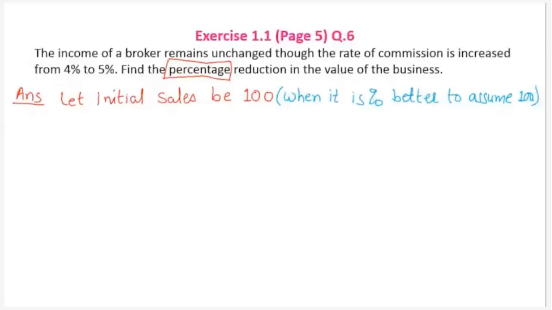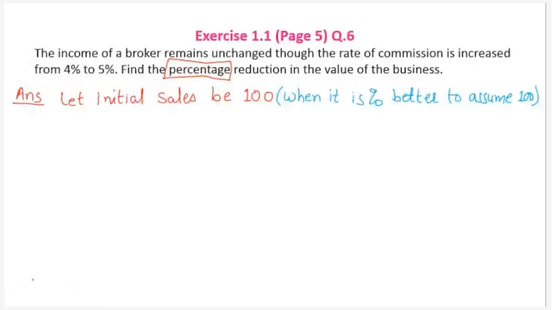In the exam, you will not write this. Can I do it without 100? Without assuming 100? Answer is yes. I can assume 500, 300, or 200, and still I'll get the same answer. But with 100, it becomes easier. So let initial sales be 100.